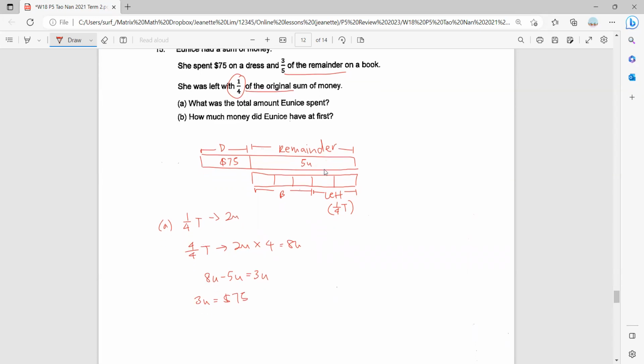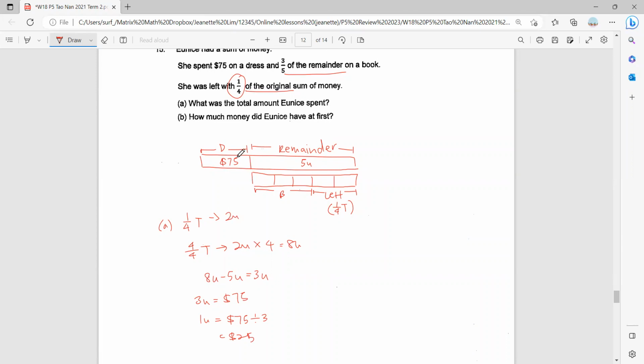And find 1 unit. And how much money did Eunice have at first? Sorry, this is 25. How much money did Eunice have at first? So, oh, sorry, part A, how much she spent?